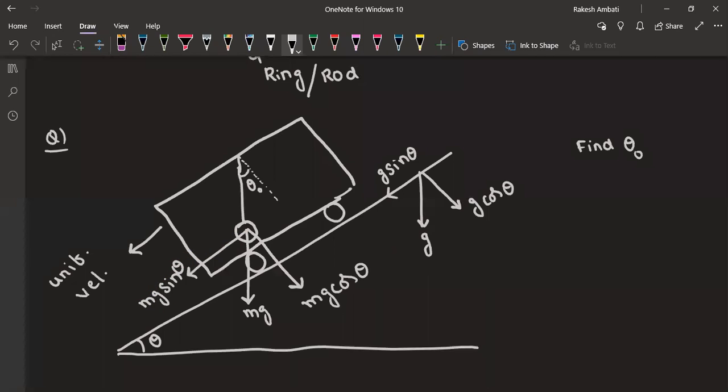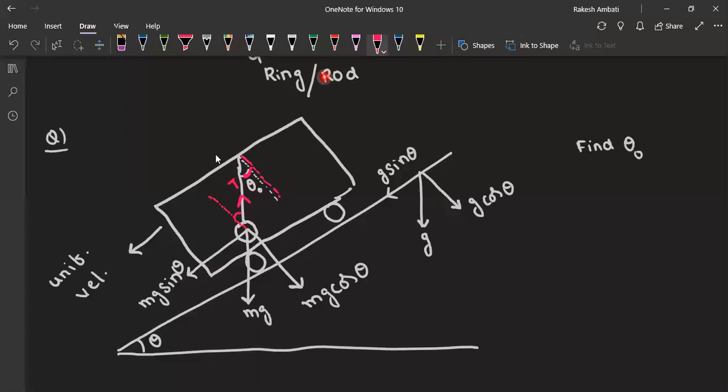Then with respect to the pendulum, what is the direction of the tension force? Away from the pendulum along the string. So here it is the direction of tension force. Then here this angle is given as theta naught. If this angle is theta naught, now you please answer, what is the angle over here?